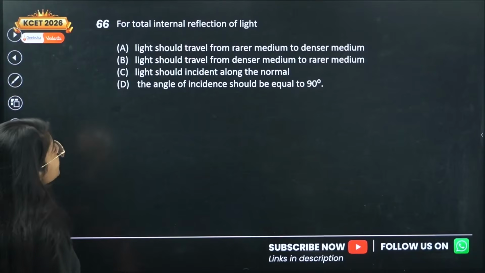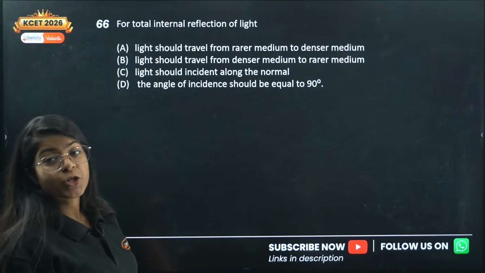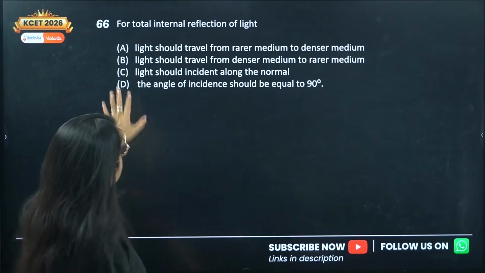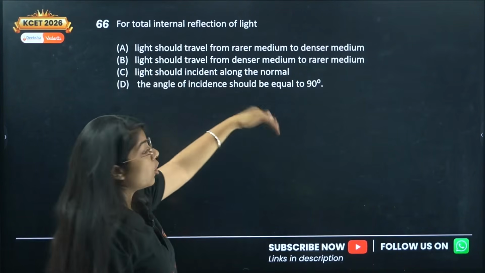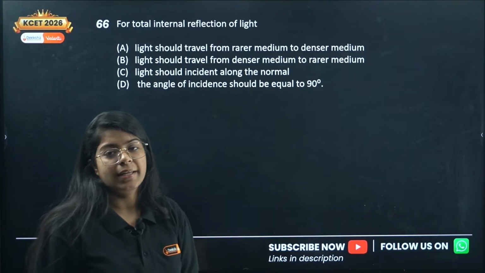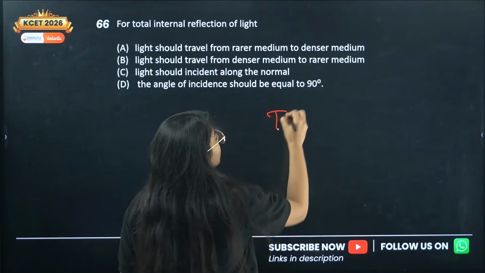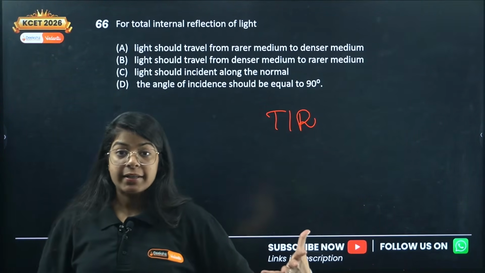66th question says, for total internal reflection, light should travel from rarer medium to denser, and the second option is from denser to rarer. Third is light should be incident along the normal, or fourth is the angle of incidence should be equal to 90 degree. That is not the same thing. For total internal reflection, my incident angle should be greater than critical angle.